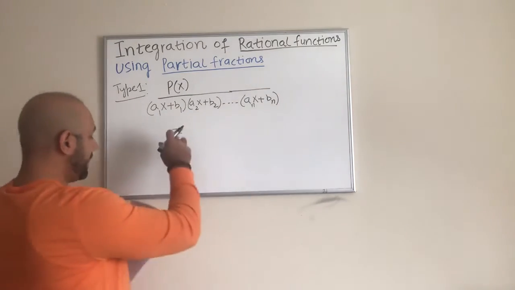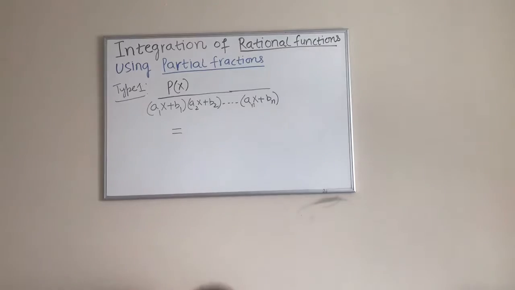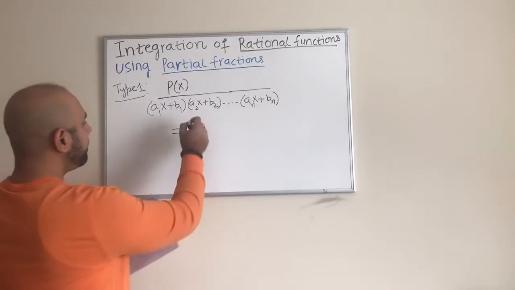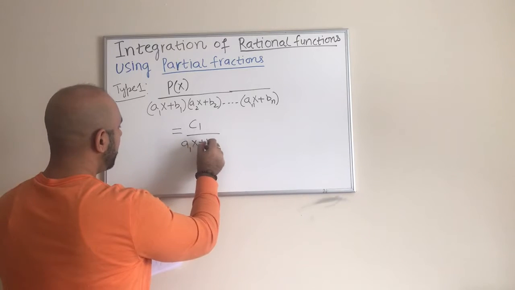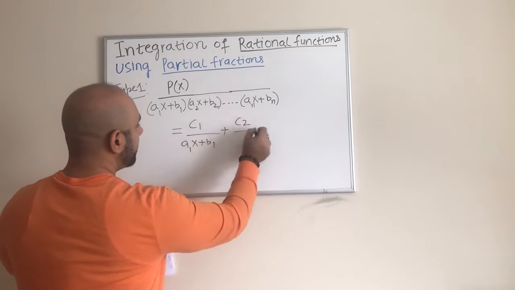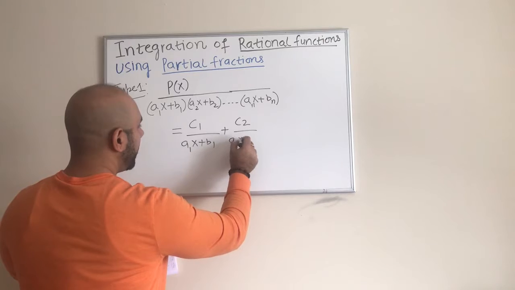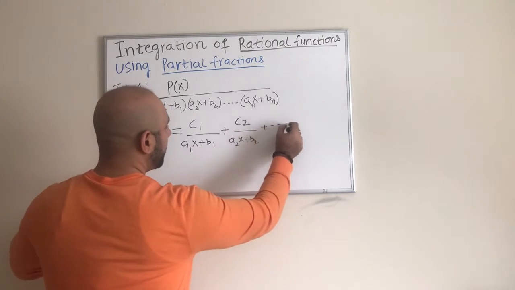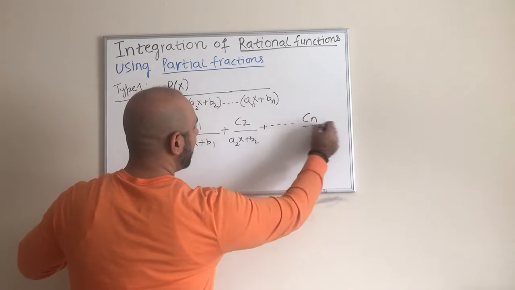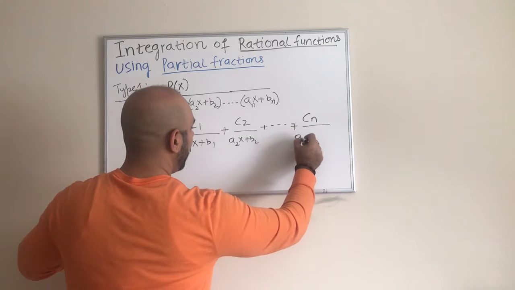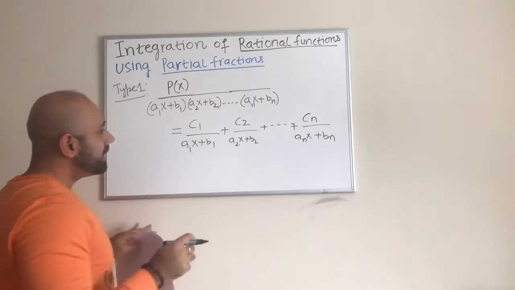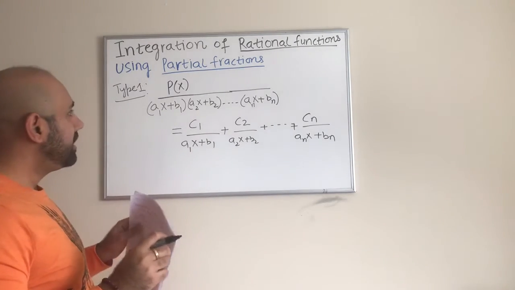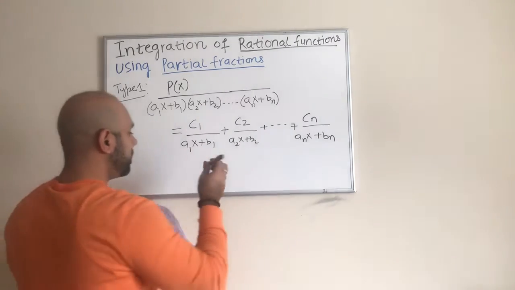So in this case, this is going to be equal to a constant c1 over a1x plus b1, plus another constant c2 over a2x plus b2, and so on, and finally cn over anx plus bn. Guys, there is a condition here, and that condition is very important. There are two things.